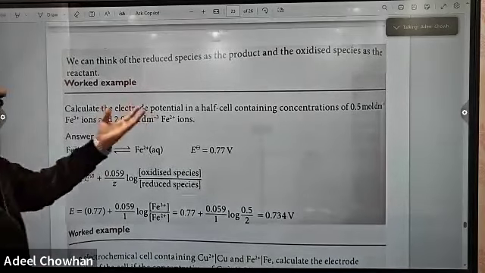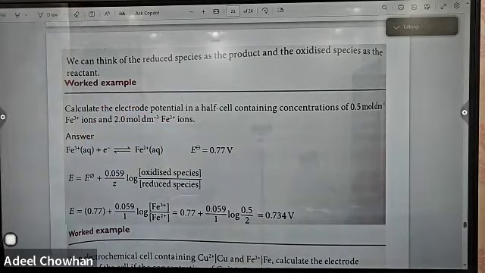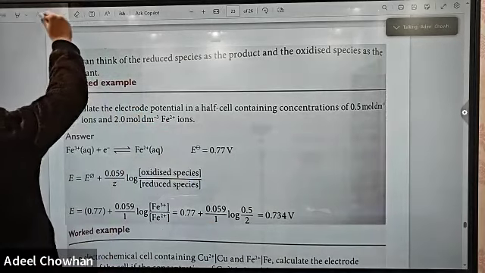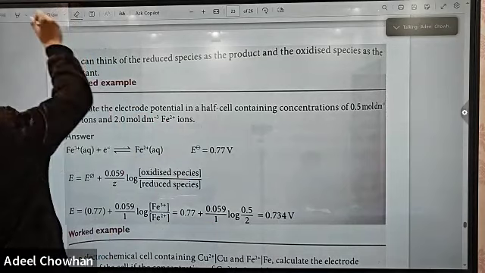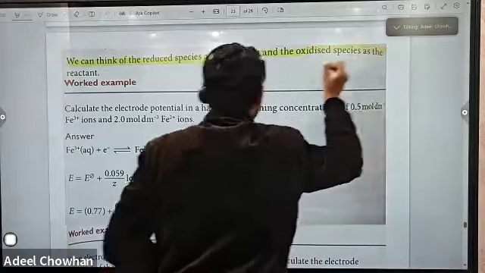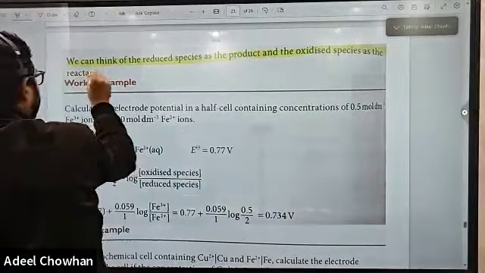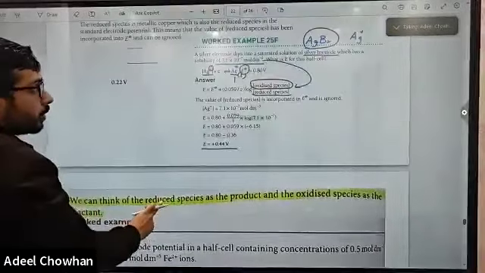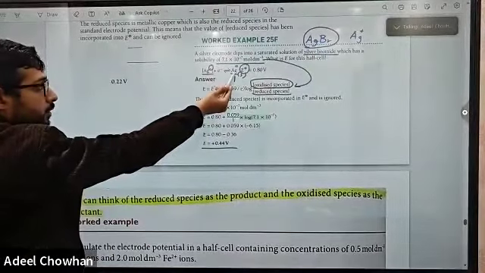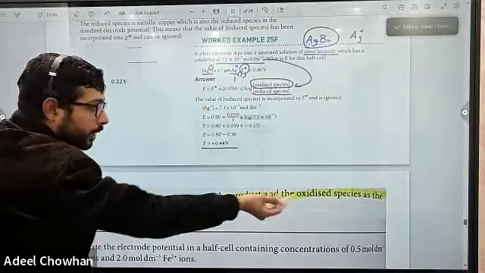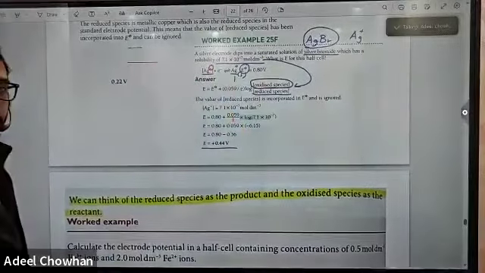This is from another resource book. We can think of the reduced species as a product and the oxidized species as a reactant. So this line is also highlighting the same thing which we have used in the previous calculation. The reduced species is basically the product, and the oxidized species is basically the reactant.